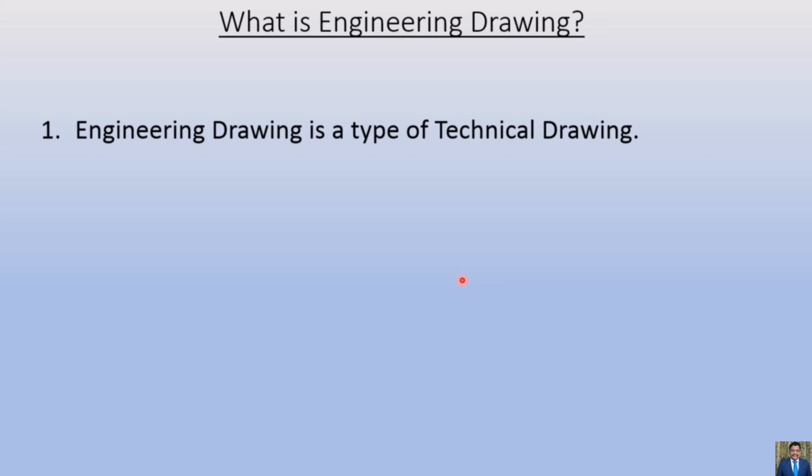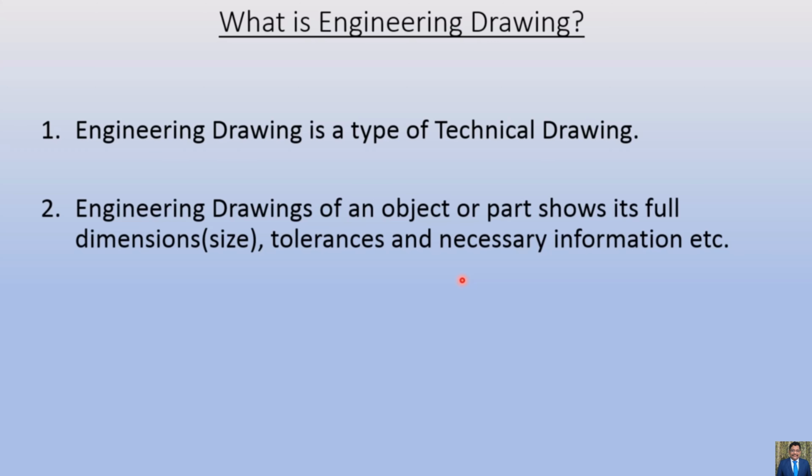But engineering drawing has a different purpose. It is used actually to show the full dimensions, that is the size or shape, tolerances, and other necessary information which is required by the workers, that is floor workers or the construction workers, for completing a project or manufacturing an object.